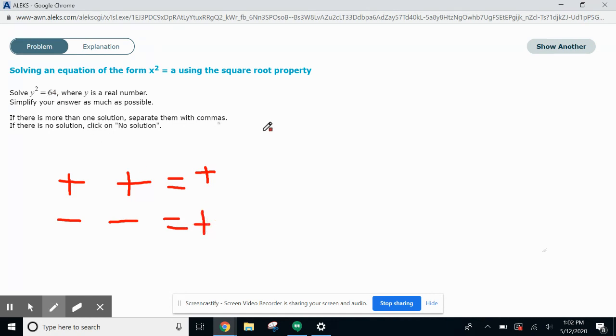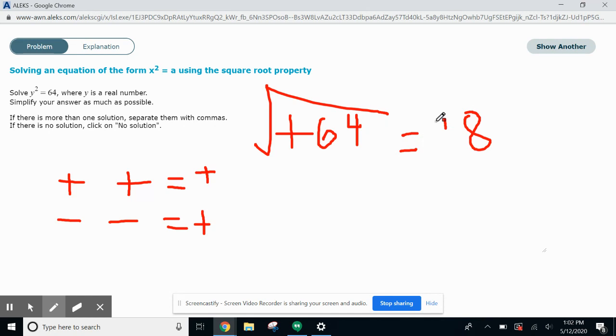So if 64 is positive, then the square root of that could be either of these two scenarios: it could be positive 8 or it could be negative 8. So technically, the square root of 64 has two different answers. It could be negative 8 or positive 8.